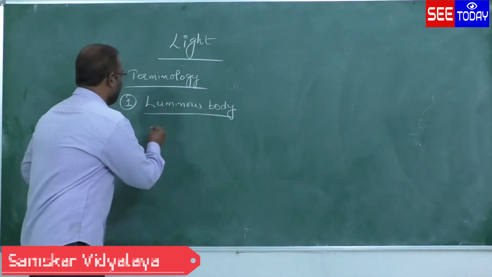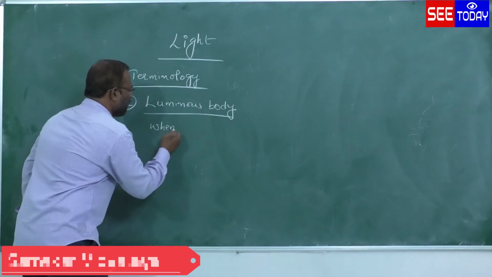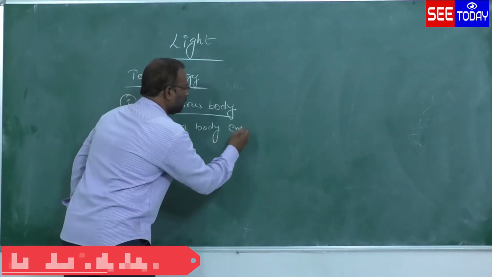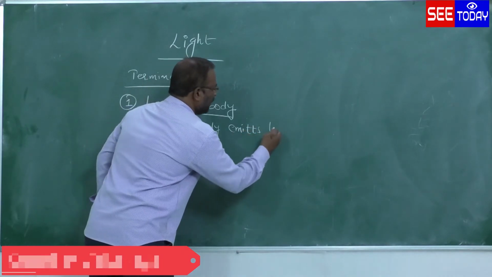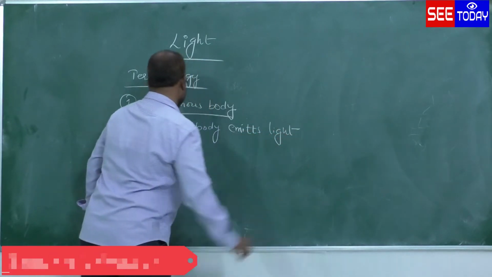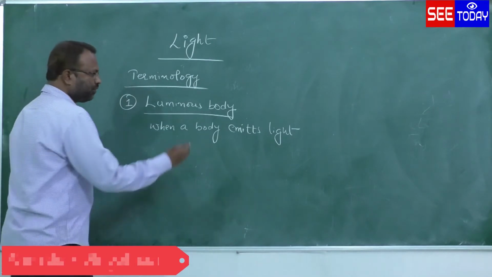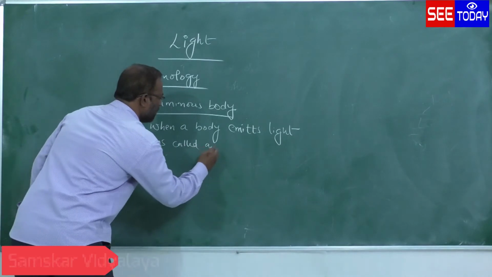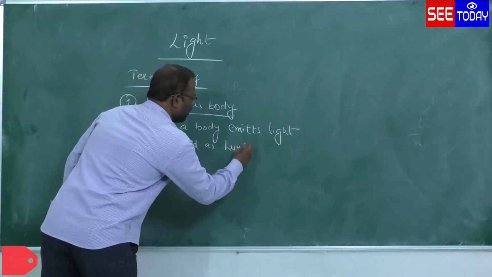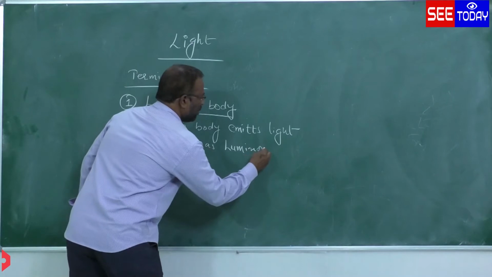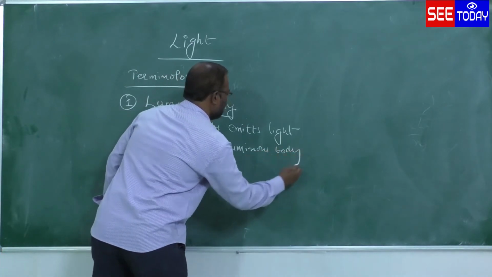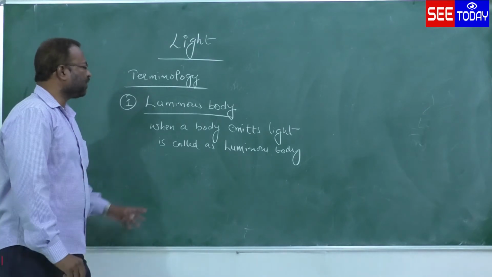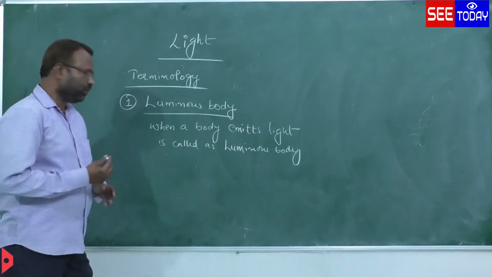So what is that? When a body emits light, it is called a luminous body.